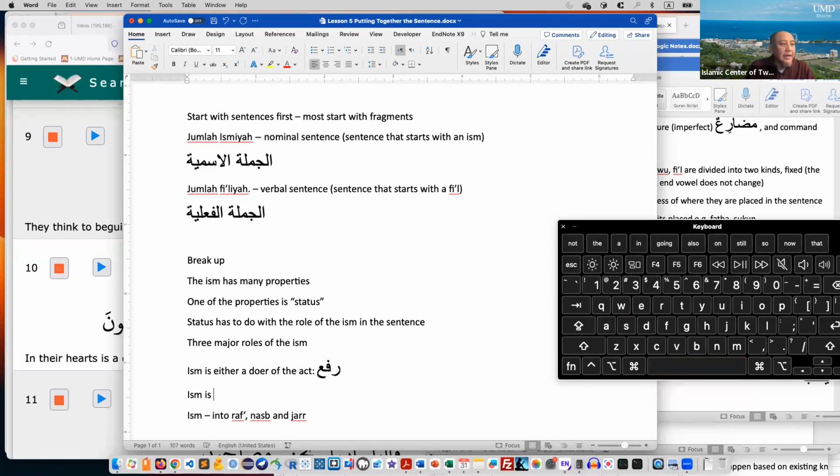Nasab is the details. Predicate is khabar, I'm going to leave it out. Nasab is the detail, or the object of the act. The isim is either the object of the act, and the word there is nasab.